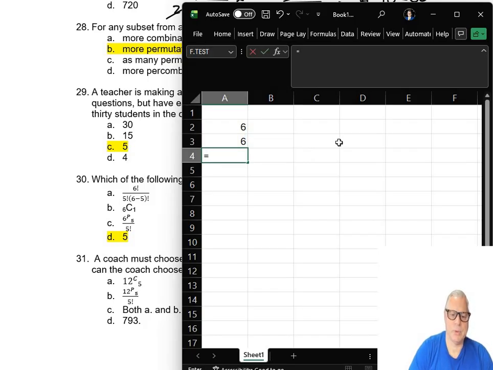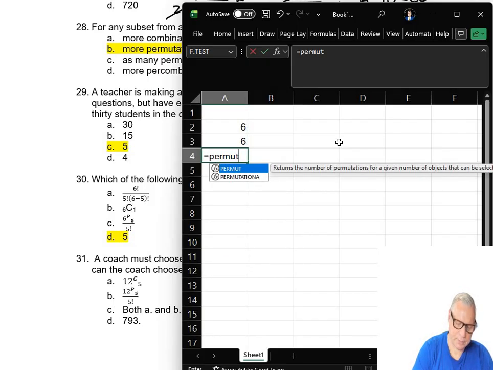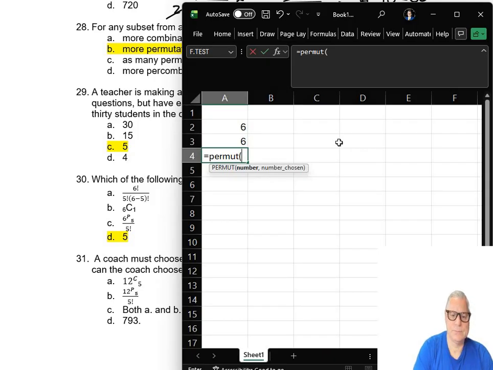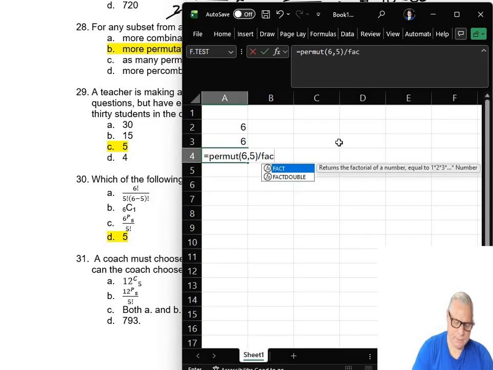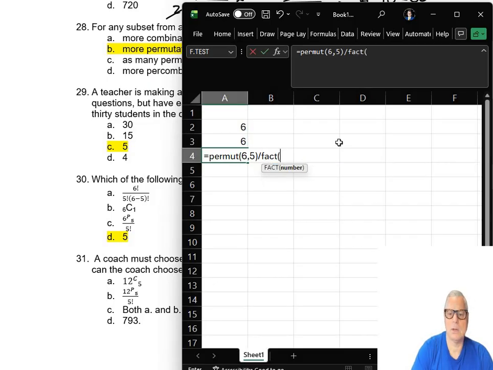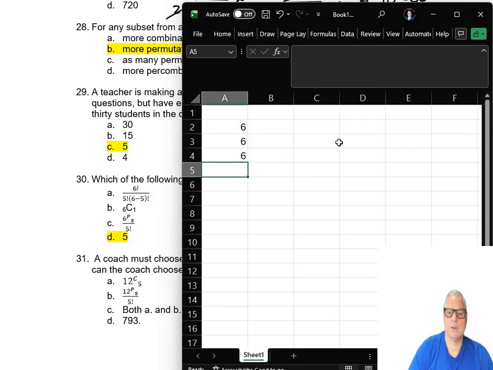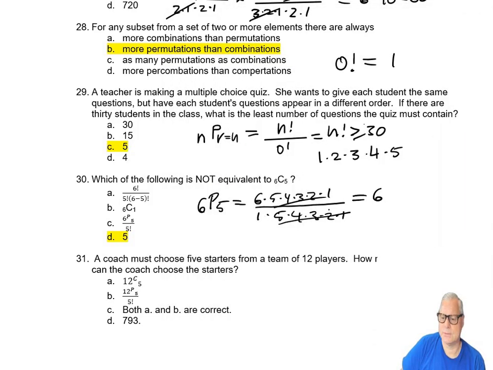Now the next one is PERMUT from 6, choose 5, divided by FACT of 5, it's 6. So Excel is really very useful for such things.